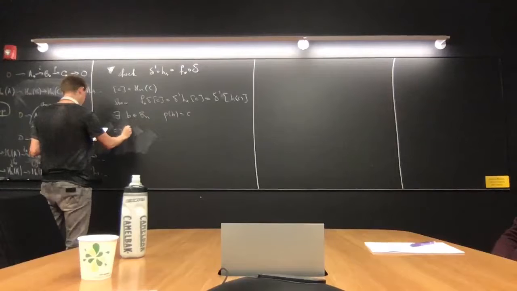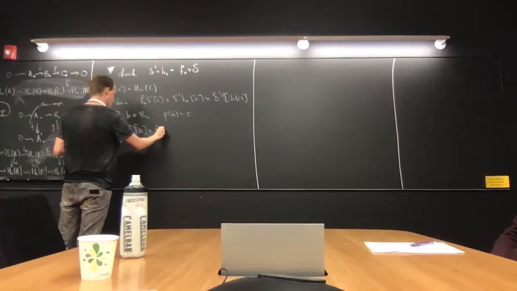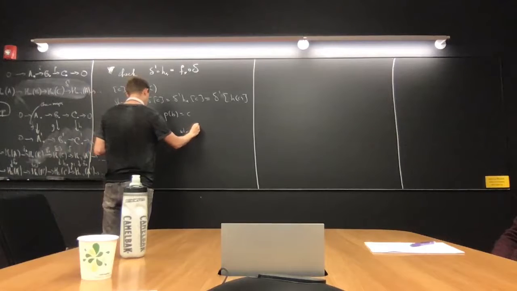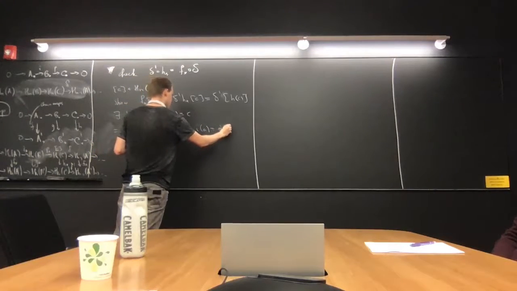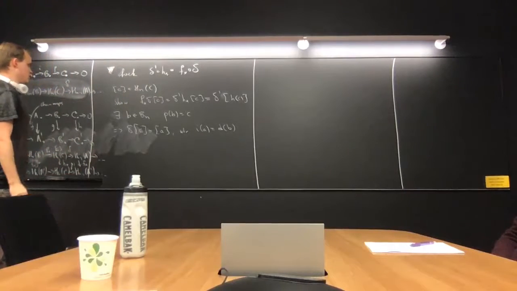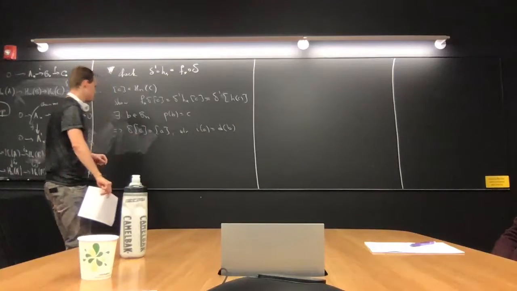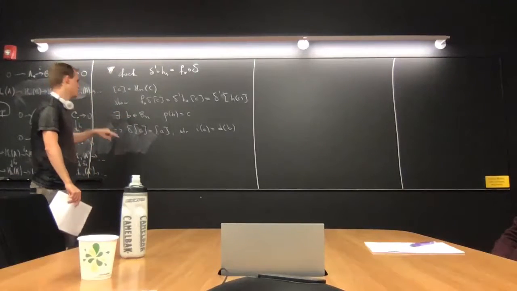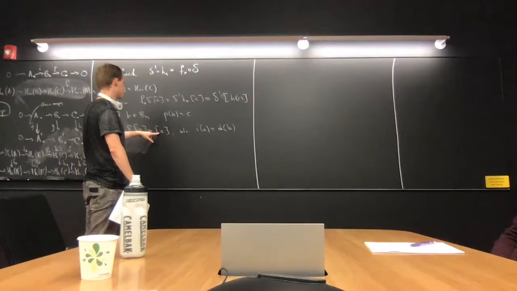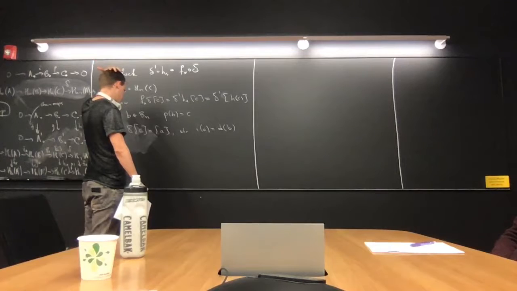Okay. Then delta of c is going to be a, where i of a equals d of b. Right, because the square with the differential commutes. Okay, well, delta of c equals something.